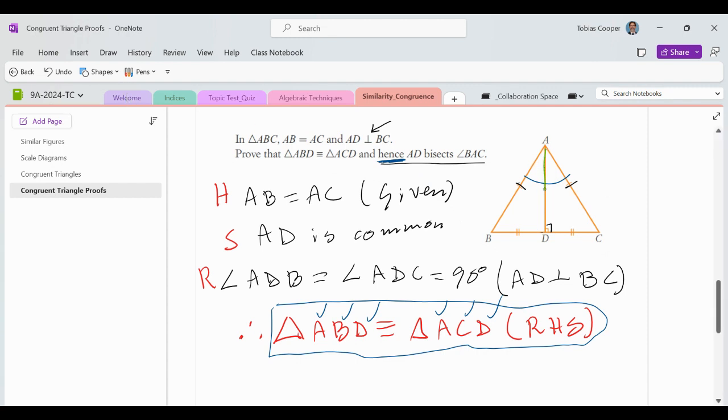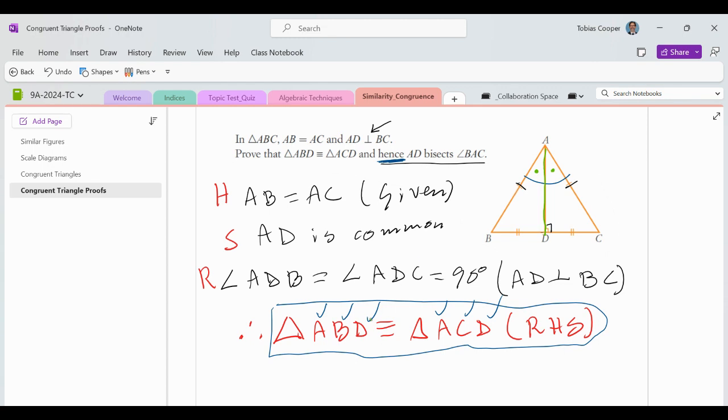This is the line down the middle. Now, essentially, we've got to show that this angle is equal to this angle, right? And that's what it means when AD bisects the angle BAC. So let's have a look. We know that this angle is equal to this angle because we've got a pair of congruent triangles, don't we?